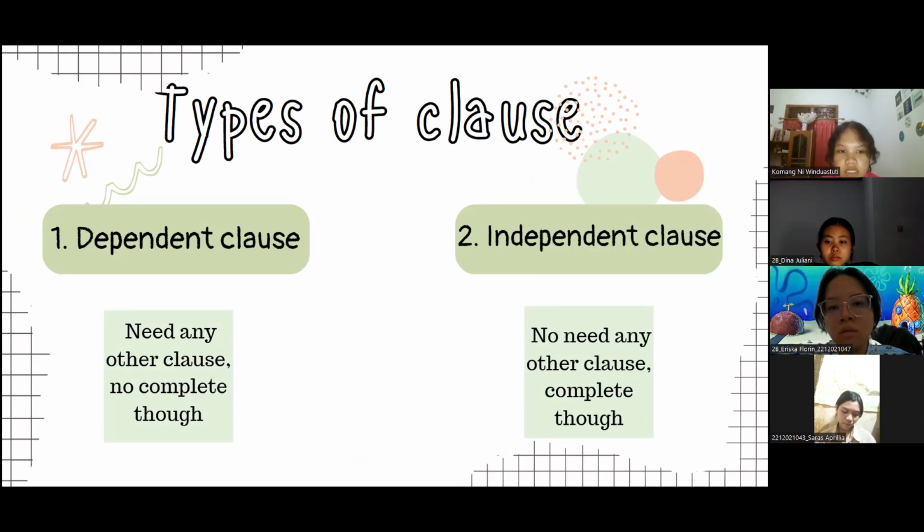A dependent clause needs another clause to be complete. It means that a dependent clause is a clause that cannot stand alone as a sentence. And an independent clause does not need any other clause to be complete. It means that an independent clause is a clause that can stand alone as a sentence.